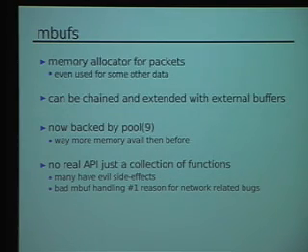The biggest problem of mbufs is that they're actually not a real API. They're just a collection of functions to fiddle around with mbufs and their pointers, and most of them have at least evil side effects. Some have really evil side effects, and they're the number one reason for network-related bugs. Most of the time when your network stack is crashing, it's mbuf handling.